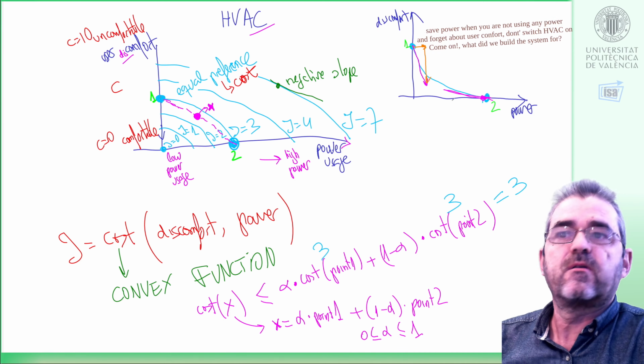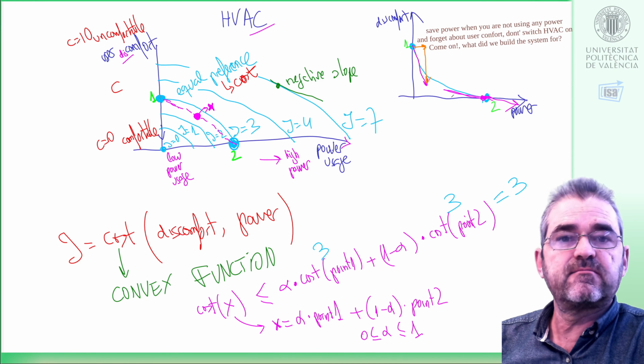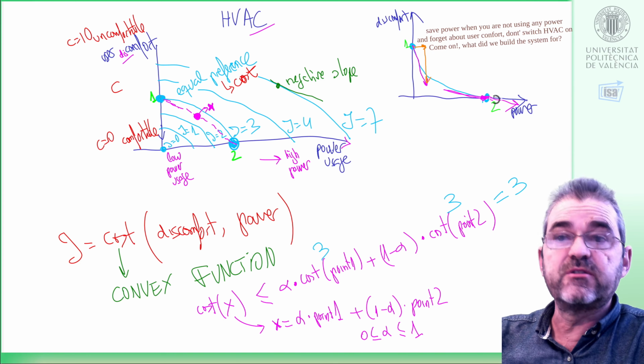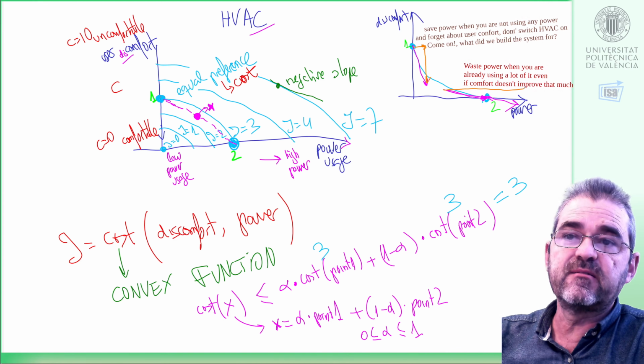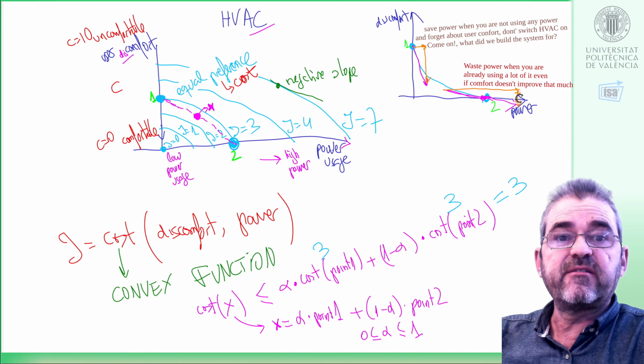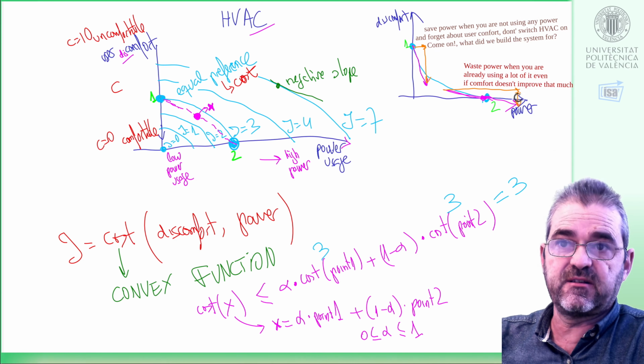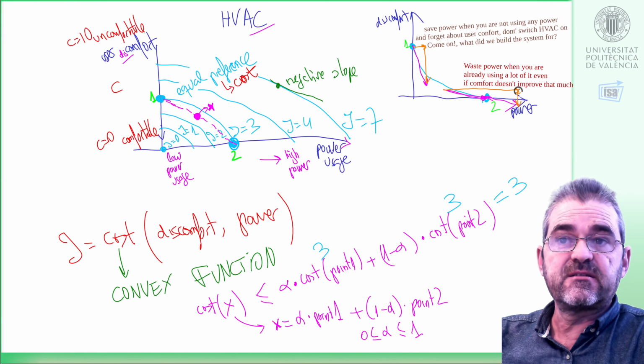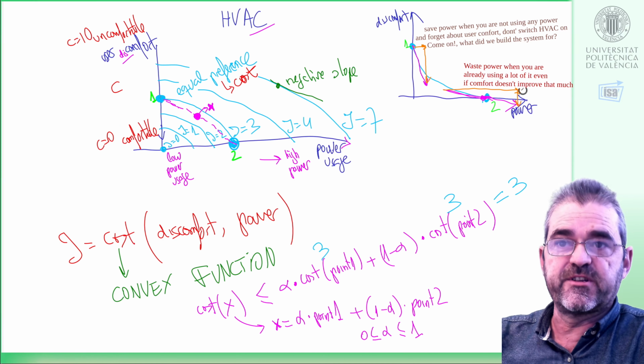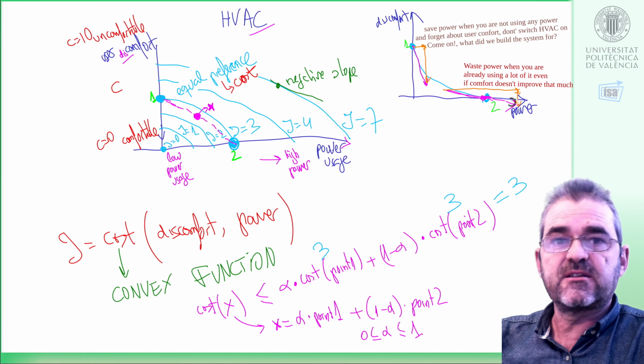Around here, the slope indicates that when I am close to point 2, I am willing to trade off a very small level of comfort improvement, this vertical thing, by a large energy consumption, horizontal arrow. Why is this not common sense?